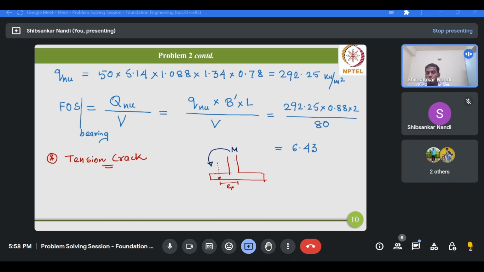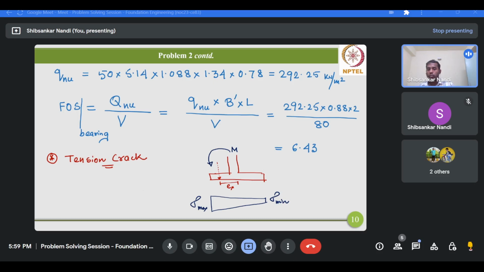Now, if this footing is subjected to a vertical load as well as a moment, what will be the stress distribution beneath the footing? It will be something like that. Here it will be sigma max, and here it will be sigma min.